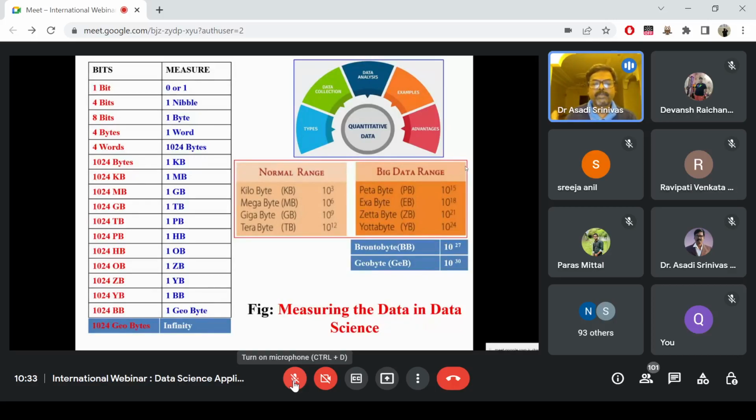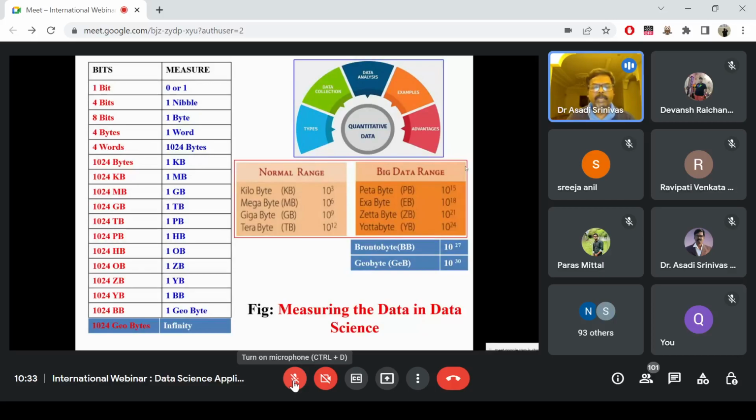So we must know the jargon of IT, measuring the data in data science. 1 bit is equal to 0 or 1, 4 bits is equal to 1 nibble, 8 bits is equal to 1 byte, 4 bytes is equal to 1 word, 1024 bytes is equal to 1 kilobyte, and 1024 kilobytes is equal to 1 megabyte.